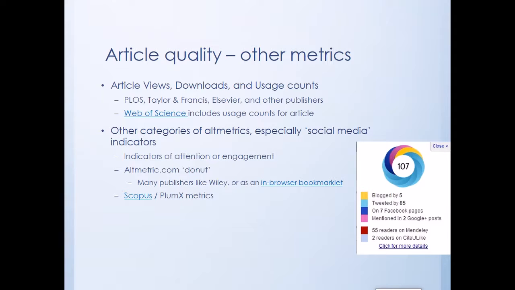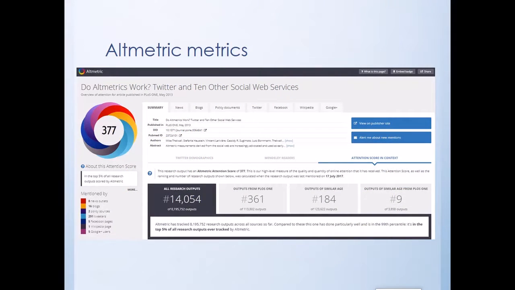Which I will mostly bypass for now, unless you guys really want to talk about that. But something to consider. So I'm going to show you the 2 main altmetrics sites that pull together a lot of these metrics. One is called Altmetric. It's available in a lot of different places. The easiest way to find it is to go to a journal article, and then they have a bookmarklet that you can just add to a browser, and it pulls this up. And it essentially tracks all different types of attention.